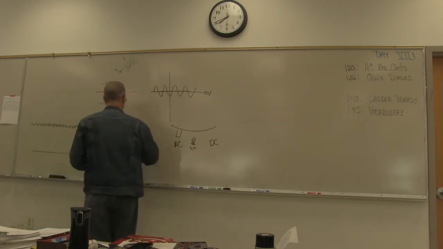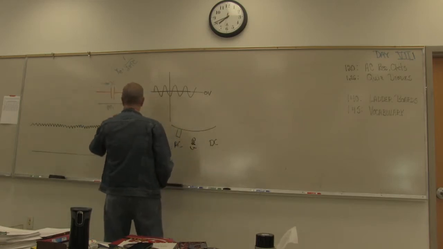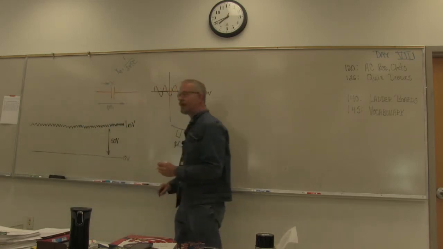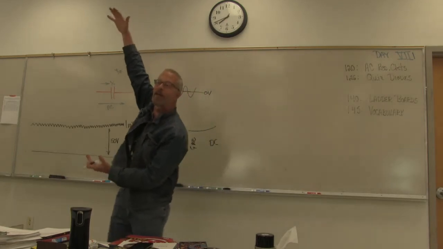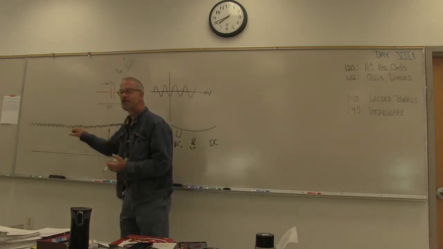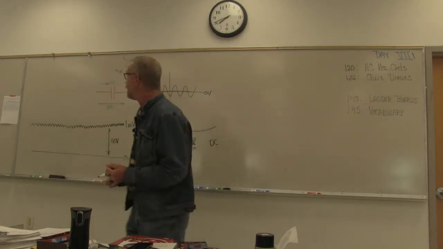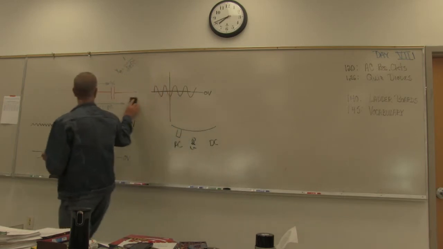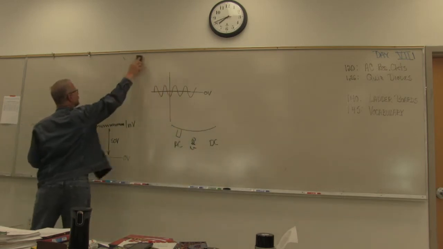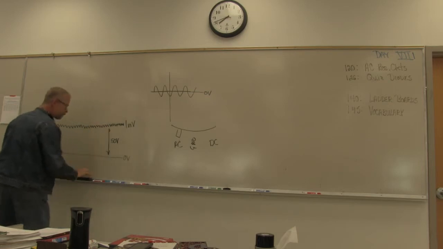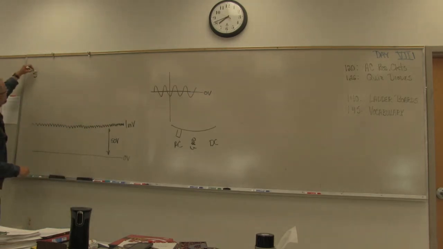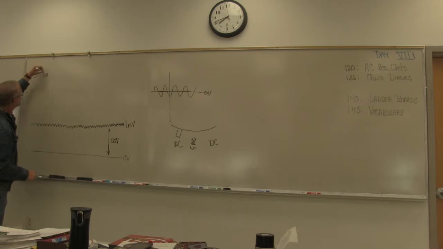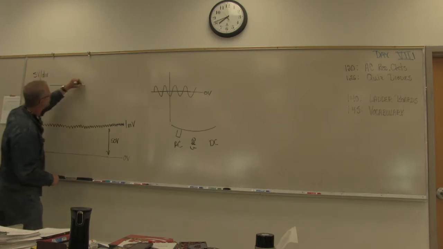And let's even make it worse. 1 millivolt of AC sitting on top of this great big wall of DC voltage. Okay? How am I going to view that on the scope? Well, I'll make it 5 volts per division. And that'll give me what?